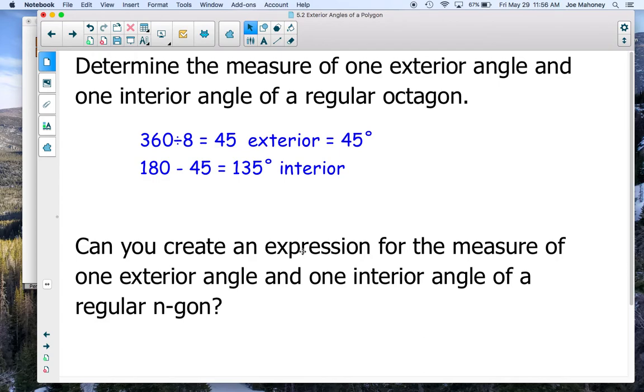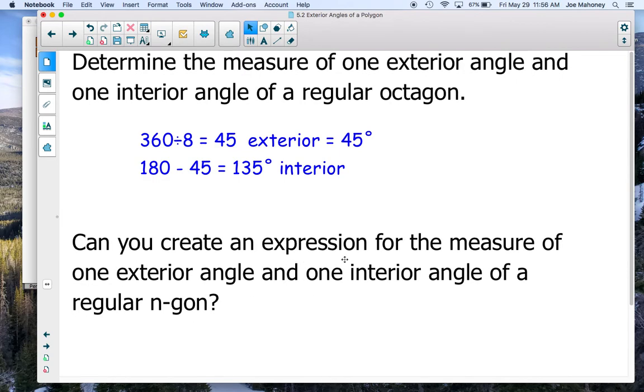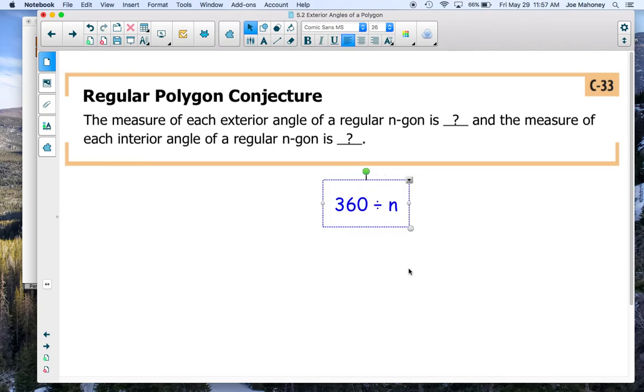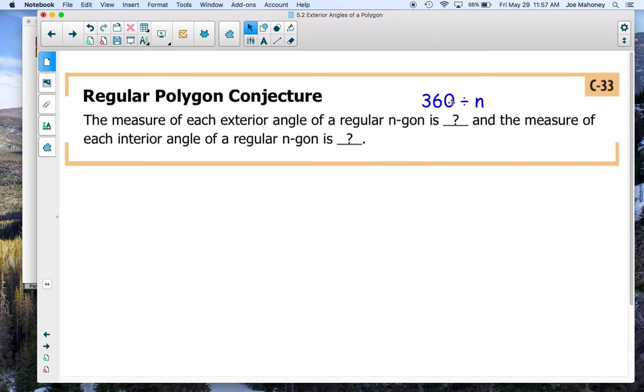So now let's generalize that a little bit. Can we write an expression for the measure of one exterior angle? Think about what we did, and then how to get one interior angle. I think you got that idea. So we're going to call this the regular polygon conjecture. If you want to find the measure of an exterior angle, it's going to be 360 divided by n, where n is the number of sides or angles.